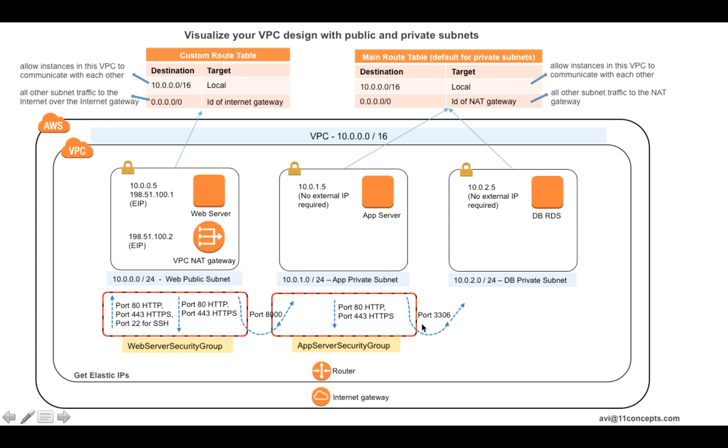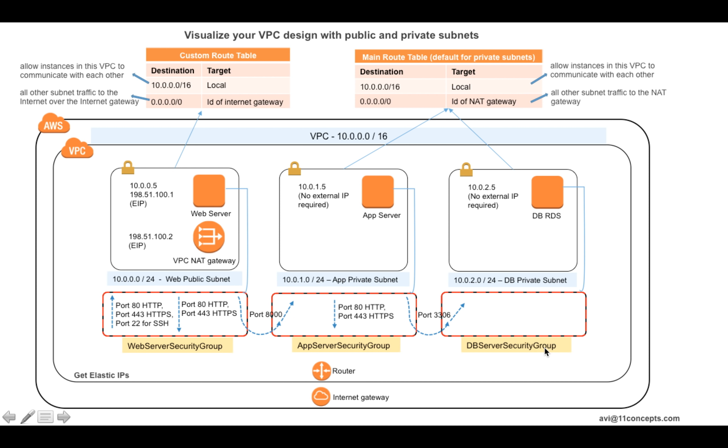We are also opening this outbound port on this security group, assuming that we are using MySQL as our database service. For this security group, again, we are opening this as our inbound traffic rule. And I think that completes the entire visualization exercise.